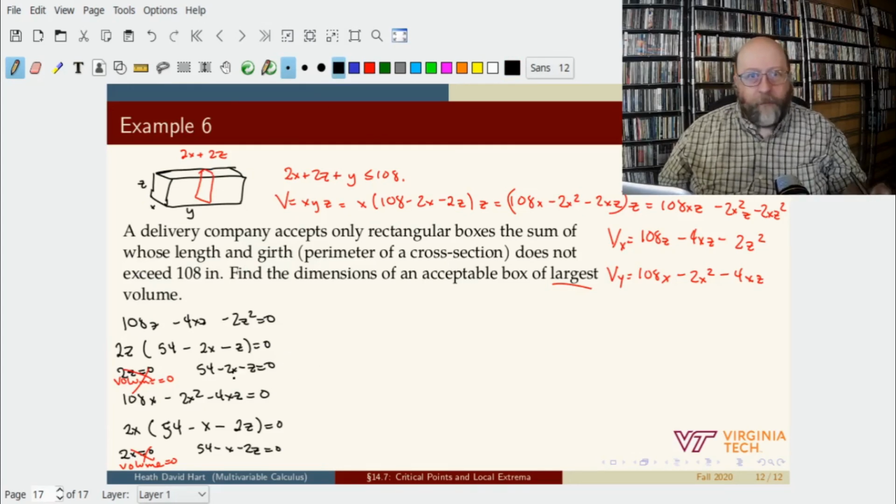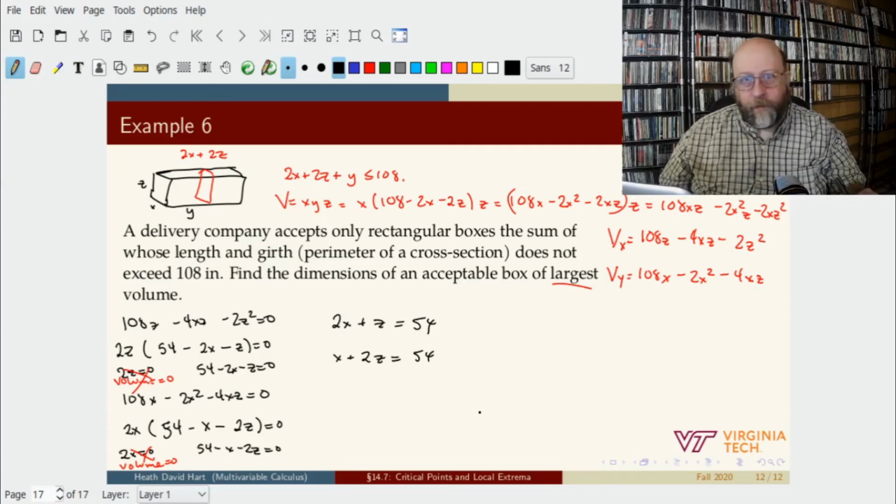I'm going to move the 2x and z to the other side, and I get 2x plus z equals 54, and x plus 2z equals 54. All right. If I call these equation 1 and equation 2, one way we can solve this is to double the second equation.